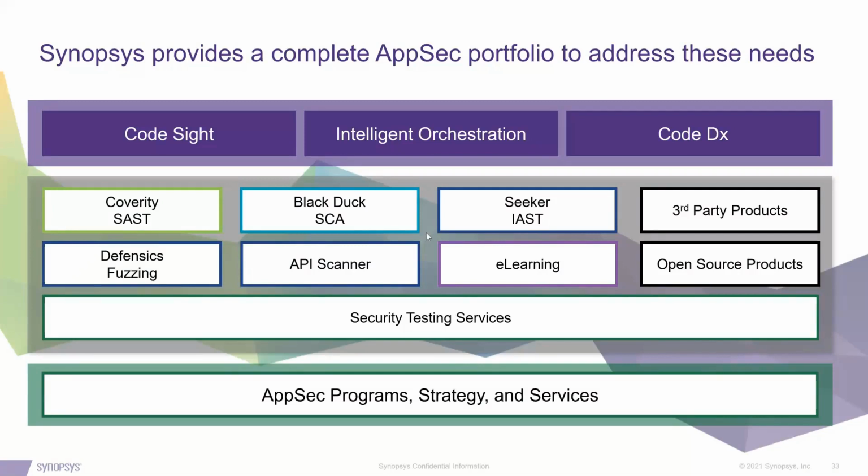So being able to run some analysis in the IDE with CodeSight, both the Coverity analysis and the Black Duck analysis, or also bringing all of the results together from all these different engines that we've talked about, as well as some others, into a single dashboard that can aggregate those vulnerabilities, deduplicate them, so that you have fewer things to deal with in your queue, and then also prioritize them based on some machine learning techniques. So that's the Code Dx piece.